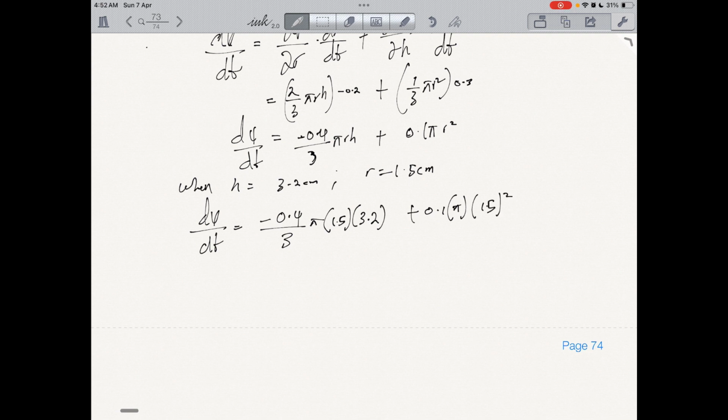Now this will give us a final answer of minus 1.304 centimeters cubed per second. Now this means that the volume is decreasing at a rate of 1.304 centimeters cubed per second.